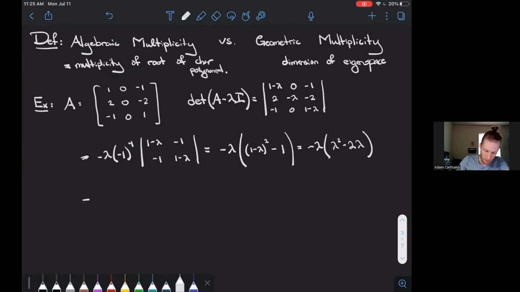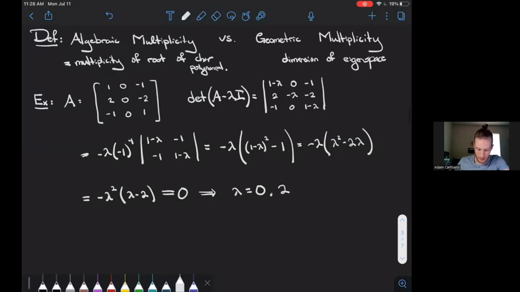And so our final factored form is negative lambda squared, and we can factor another lambda out, and what survives is lambda minus 2. When we set that equal to 0, we get that lambda is either 0 with algebraic multiplicity 2, or lambda equals 2 with algebraic multiplicity 1.